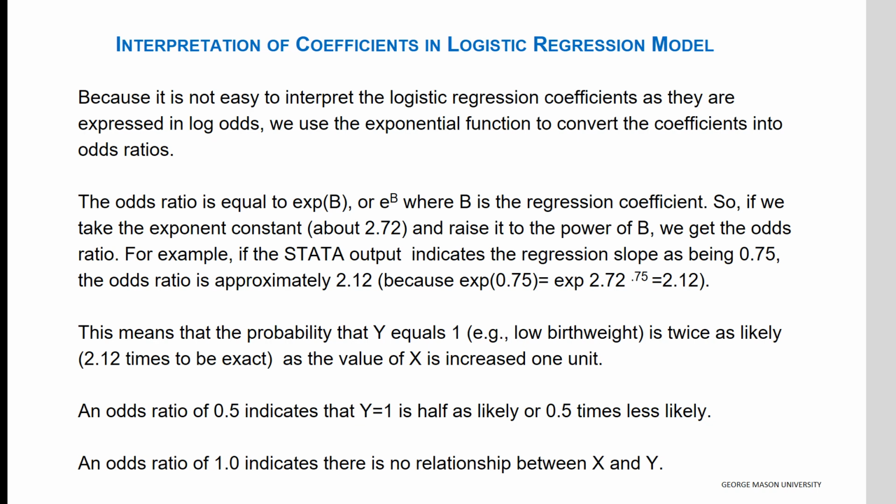This means that y equals 1 is about twice as likely as the value of x is increased 1 unit. Therefore, an odds ratio of 0.5 indicates that y equals 1 is half as likely, or 0.5 times less likely. An odds ratio of 1 indicates that there is no association between x and y.